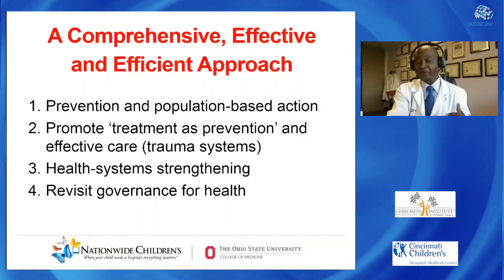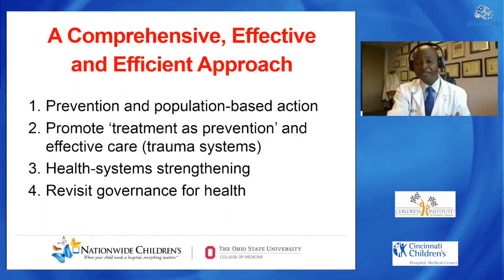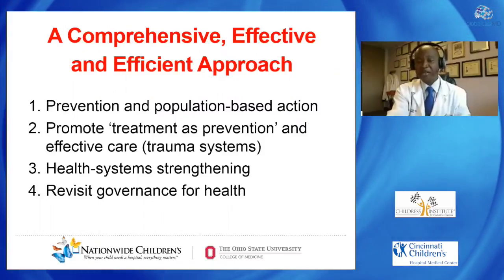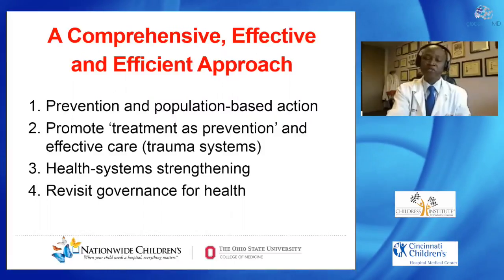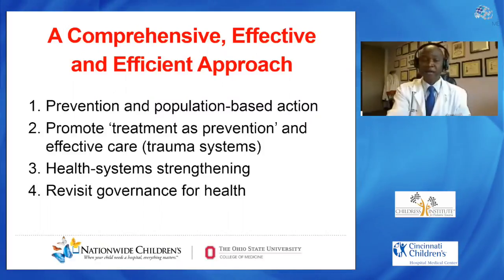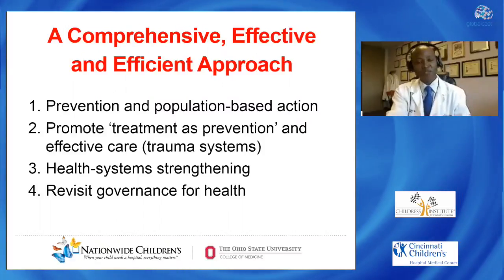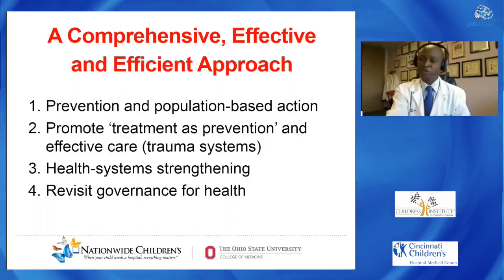And with the greater emphasis on prevention and recognition that many of the solutions for NCDs and road traffic injuries lie outside of the healthcare sector, broad partnership across a range of sectors are needed. Political will, active civil society organizations, and research supports are all significant contributors to success.